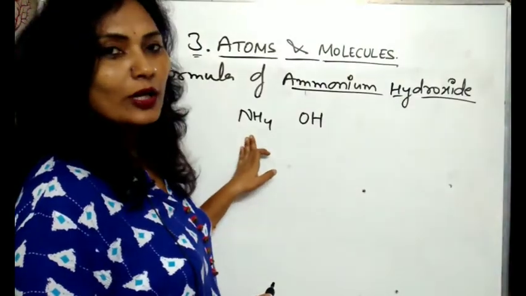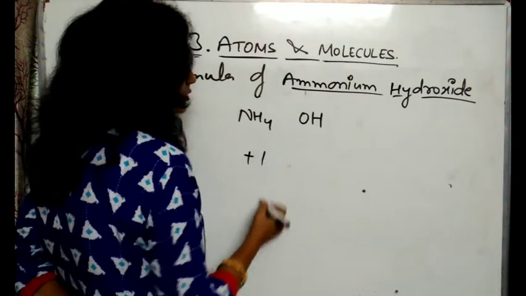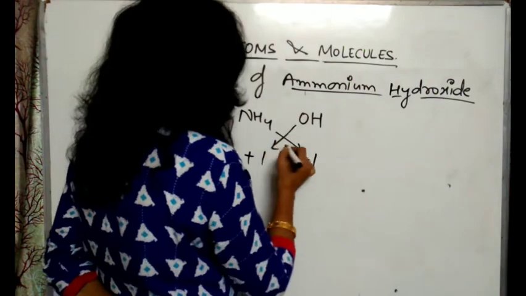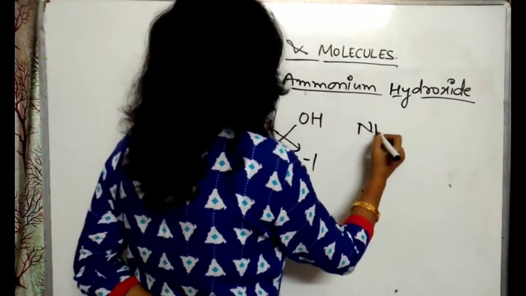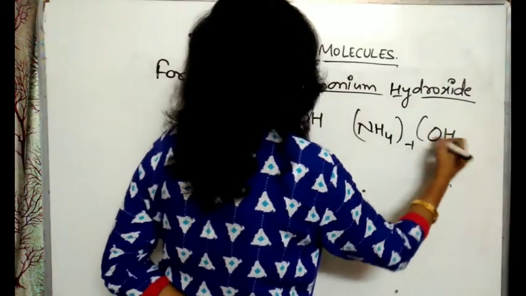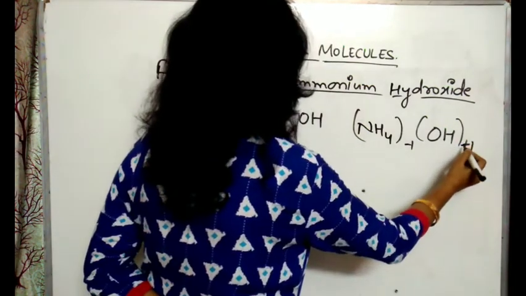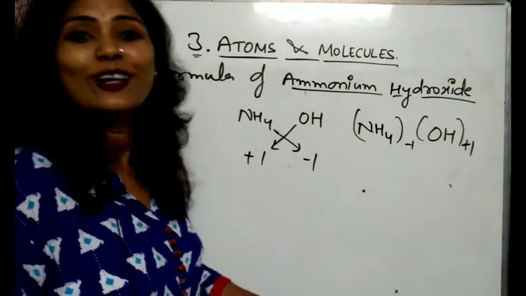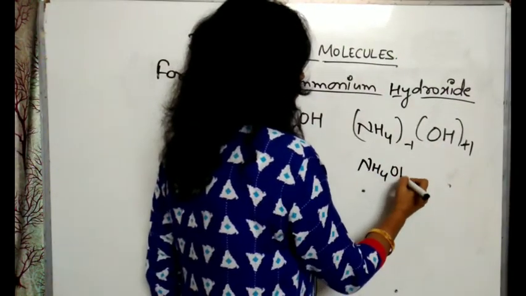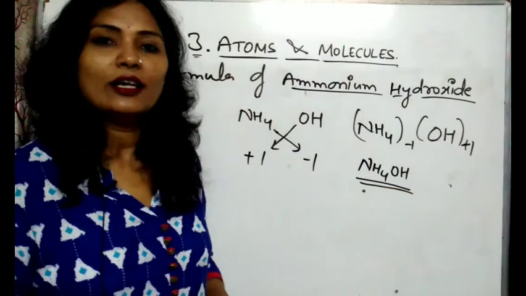Its valency is +1 and its valency is -1. What we will do? Cross over the valencies. We'll write NH4 -1 and OH +1. Now ignore the plus and minus and ignore that 1 also and write the formula NH4OH. So this is the formula of ammonium hydroxide.